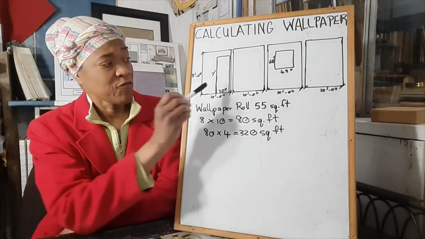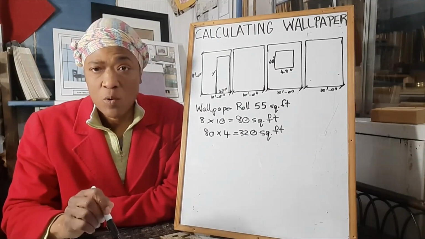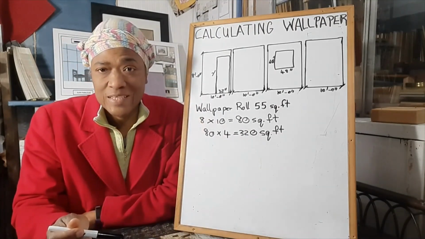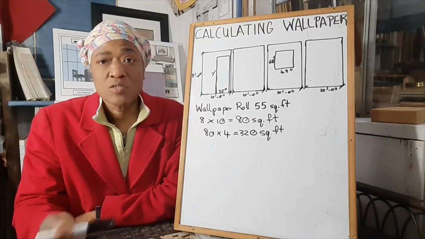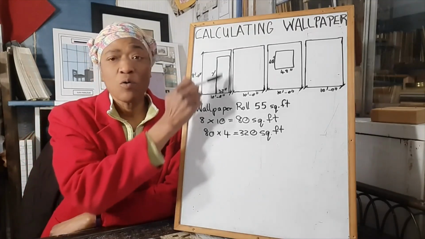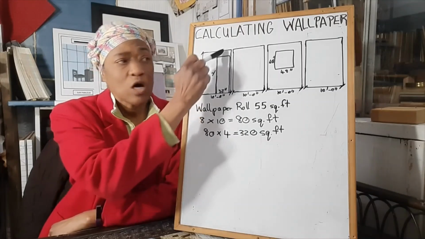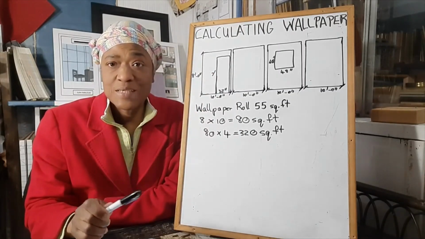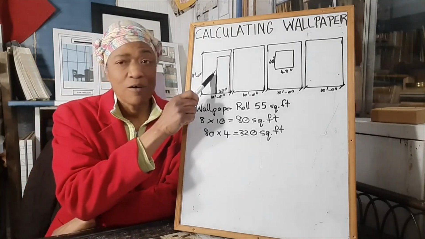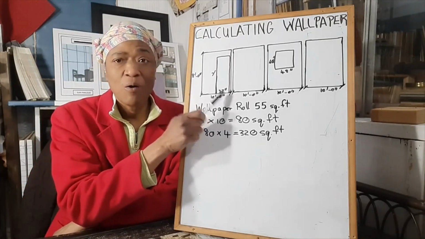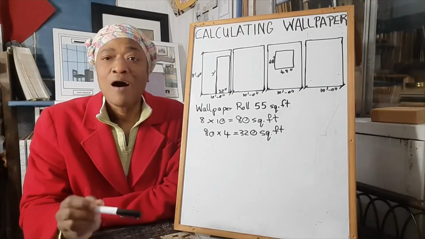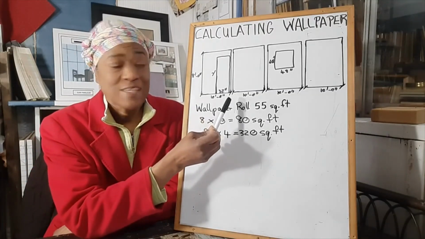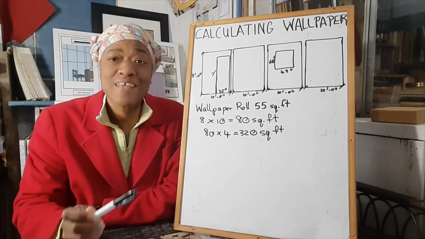However, in the first wall, we have a doorway that's 7 feet high by 32 inches wide. So we need to find out the square footage of this space on this wall. So what we'll do is multiply the height of the doorway by the width of the doorway. However, the width is 32 inches and the height is 7 feet.